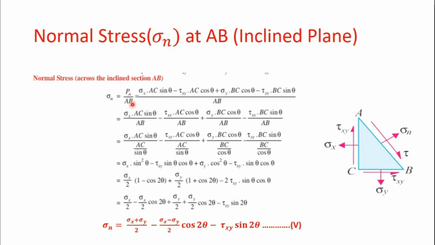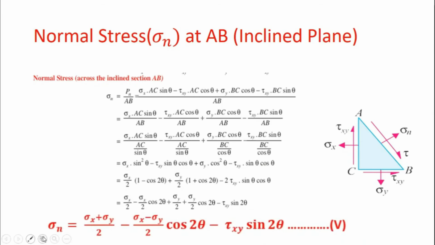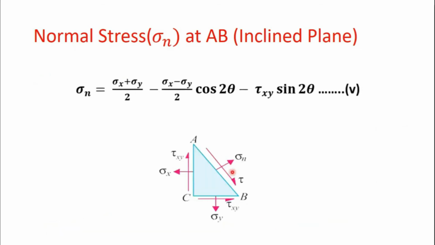So Pn upon AB equals sigma x, putting the value of sigma x which we have earlier derived, divided by AB, rearranging terms and using trigonometrical identities, and finally we solve for sigma n, which is our equation number 5, and we get this equation: sigma n equals (sigma x plus sigma y) by 2 minus (sigma x minus sigma y) by 2 cos 2 theta minus tau xy sin 2 theta, and this is the same equation.